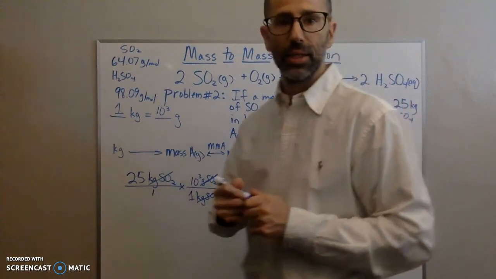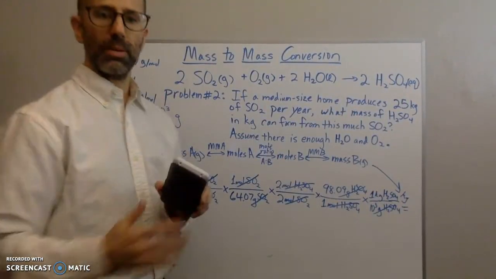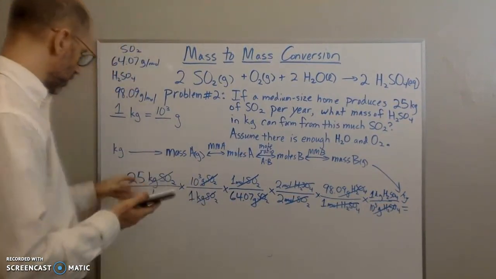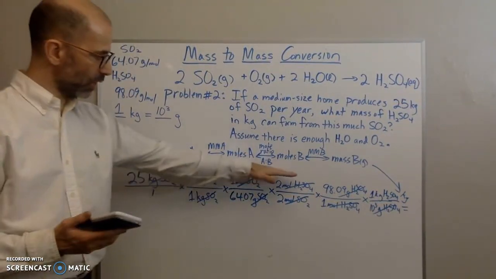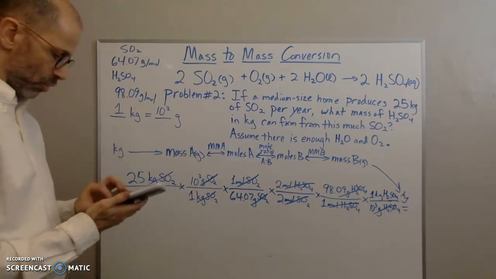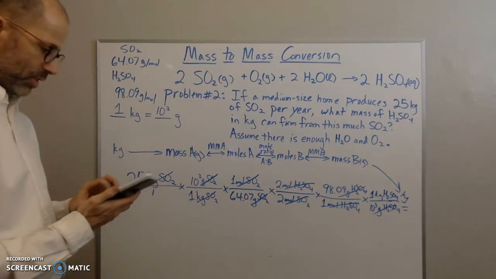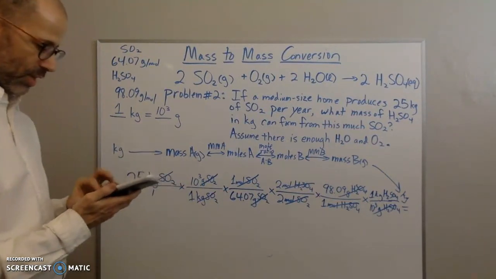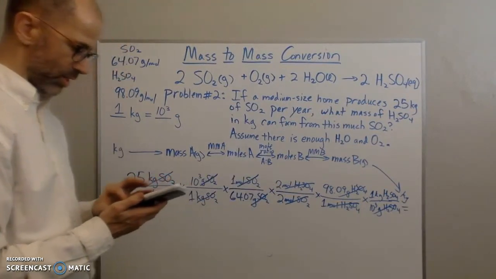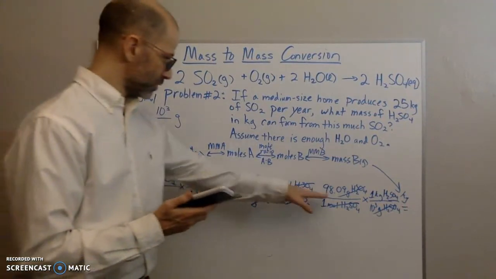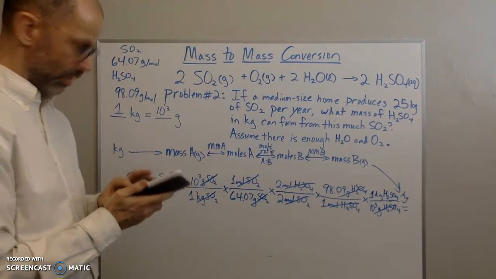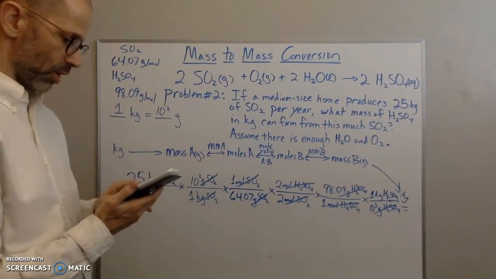So now all I need to do is take my calculator and calculate the answer. So I start with 25 and multiply across the top, divide by what's on the bottom. So 25 times 10 to the 3, which is 1,000, times 1 times 2, I skipped the ones, times 98.09 times, and then there's a 1.